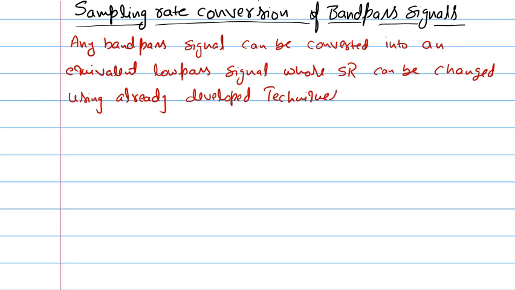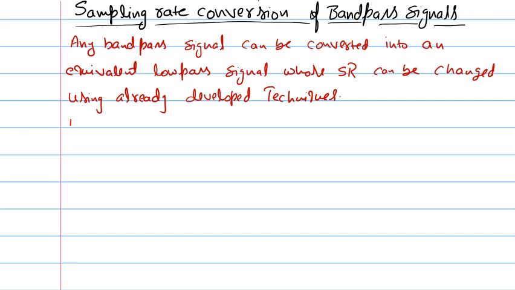We have already seen different techniques for sampling rate conversion for a low pass signal. So what we can do is convert a band pass signal to an equivalent low pass signal, then we can use the same techniques.